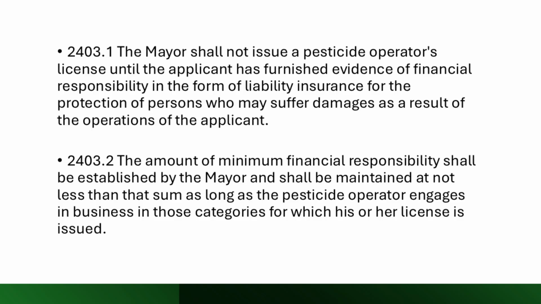The amount of minimum financial responsibility shall be established by the mayor and shall be maintained at not less than that sum as long as the pesticide operator engages in business in those categories for which his or her license is issued.